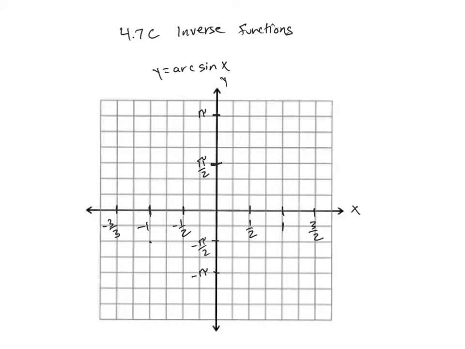At -1, sine of x is negative pi over 2, or negative 90 or 270 degrees. At 0, sine of x is 0, and then at 1, sine of x is pi over 2.